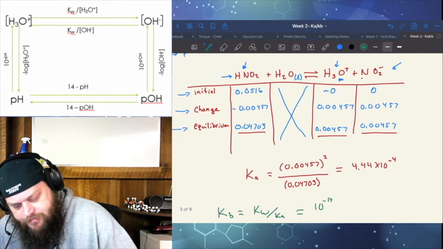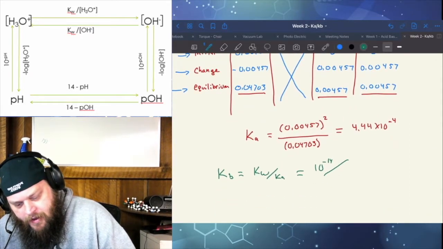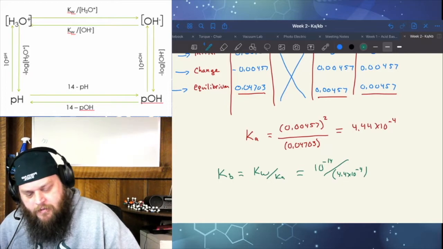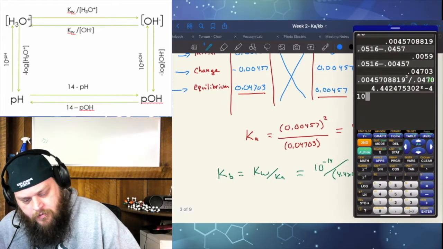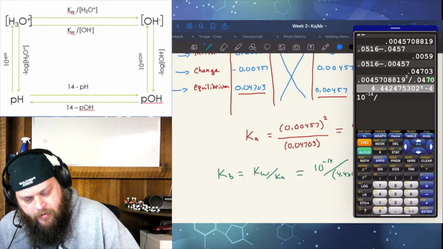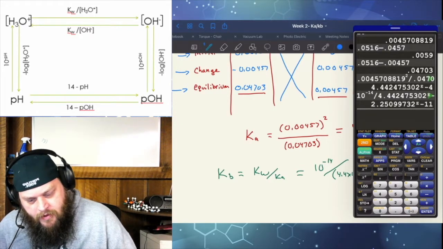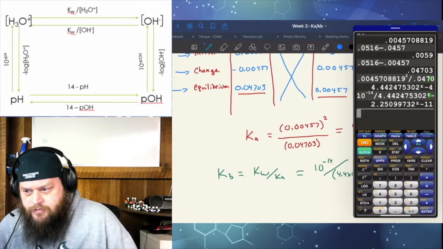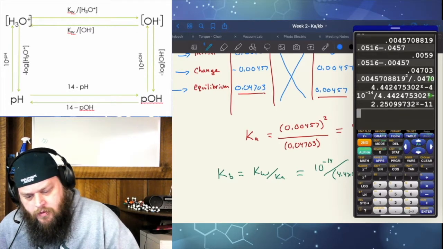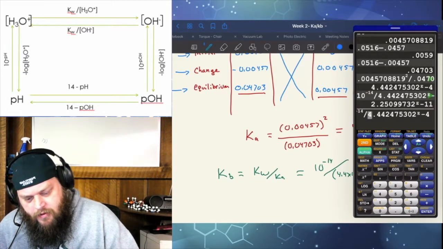Kw divided by Ka. So that's just taking 10 to the negative 14th, and we're going to divide it by our 4.4 times 10 to the negative 4th. Put parentheses around there. 10 to the power negative 14 divided by my previous answer. Something's wrong there.